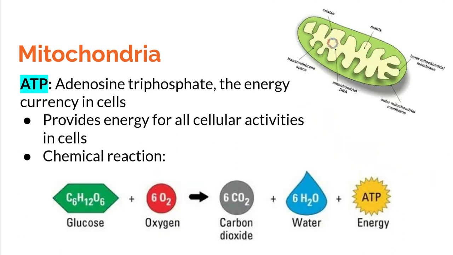Taking a look at the energy created in mitochondria, just as a review, I believe we went over this reaction a few lessons back, but ATP, adenosine triphosphate, is the energy currency in cells. In other words, ATP is the energy needed for all cellular activities to take place.